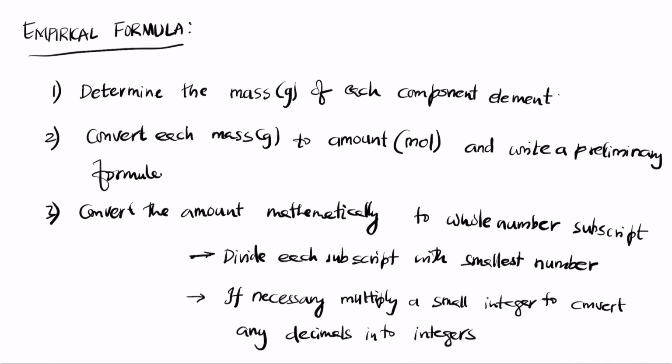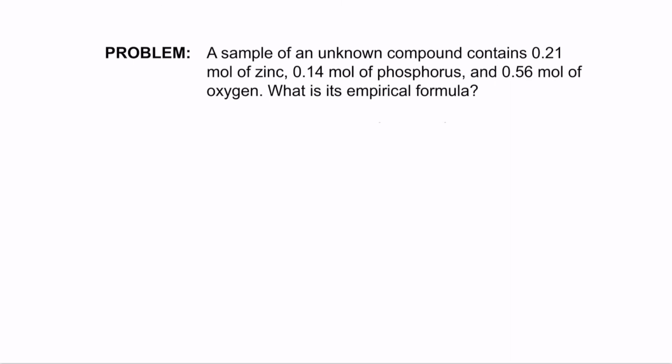So let's take a simple problem and let's try to do it. So notice that the first step is already done, which means that they are already converted into mass and also converted into mole. So they have given us the actual mole of each quantity. So what you do here is write down the element symbols. So zinc is Zn, phosphorus is P, and oxygen is O. And as the subscript, write down the actual value of the number of moles.